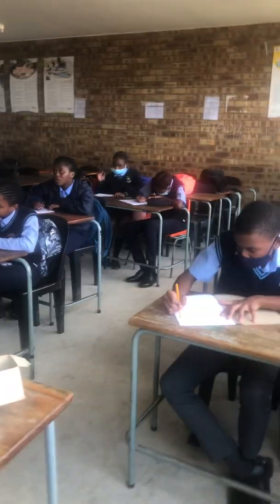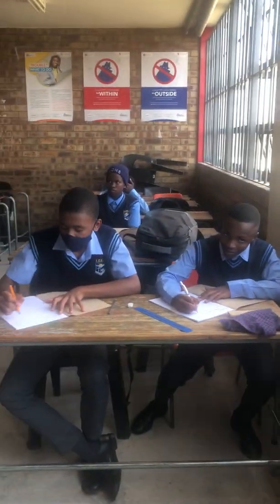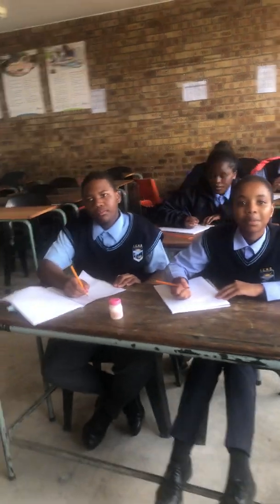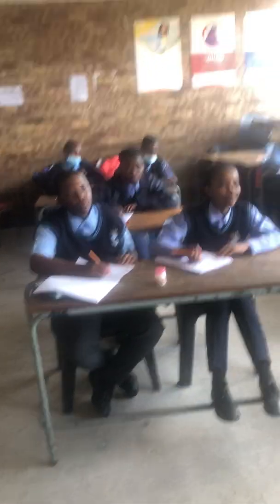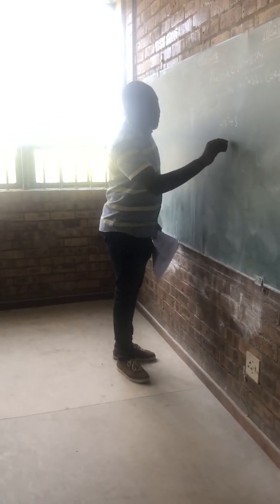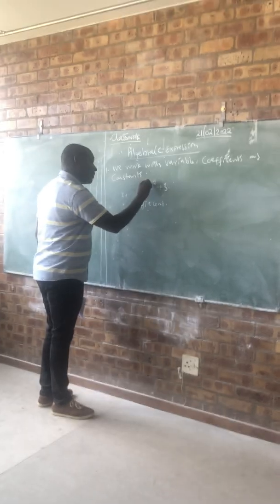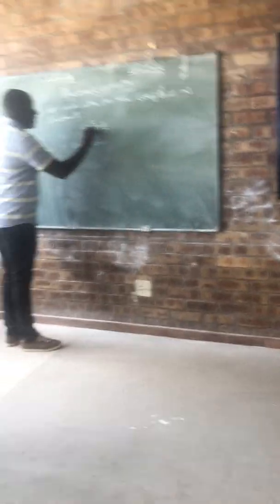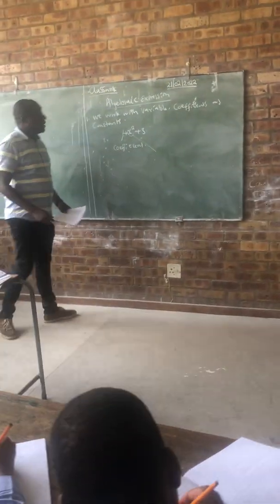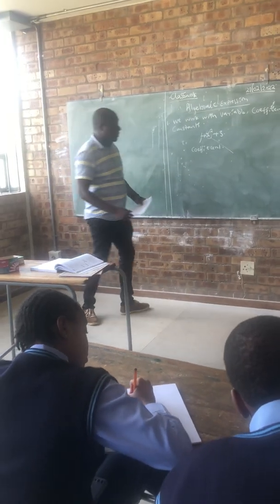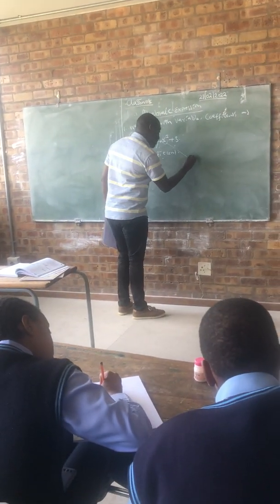On that expression, this 4 we refer to as the coefficient. And the x we refer to as a variable. X, we know that is a variable.